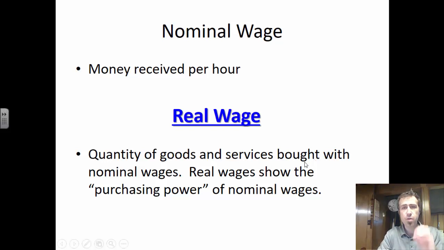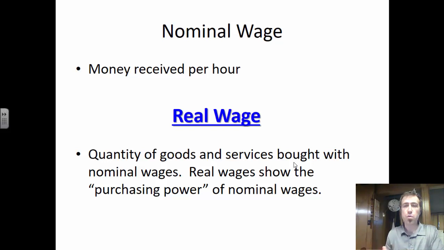So what's the formula for finding real wage or real GDP? As a quick refresher, I'm going to put the formula sheet on Canvas today for both the macro and micro formulas.